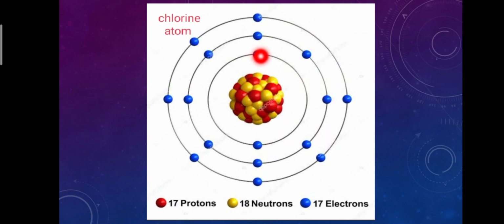The L shell contains 8 electrons, while the valency shell, that is the M shell of chlorine, contains 7 electrons. Because of it, halogens are present in group 7A because the valence shell contains 7 electrons.